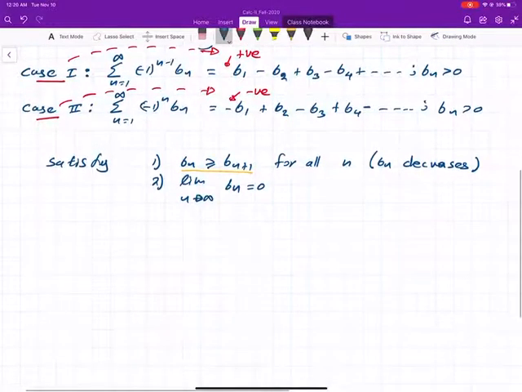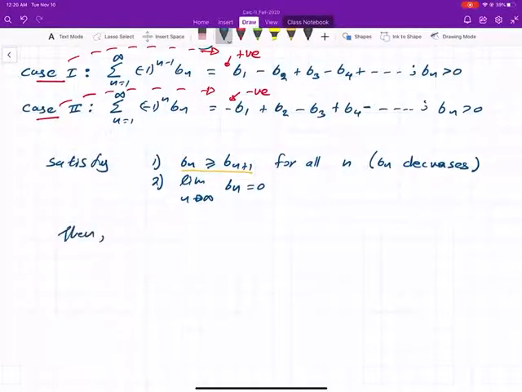The conclusion is this: if both conditions hold, then the alternating series converges.